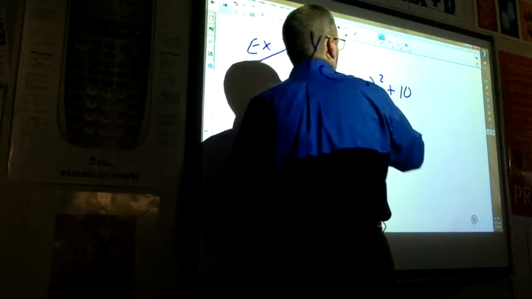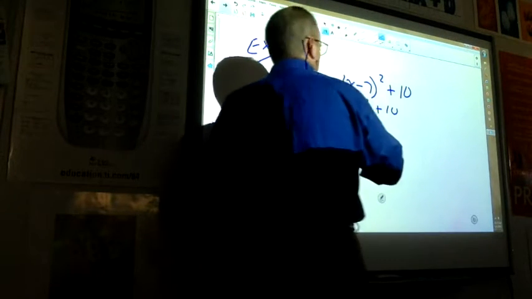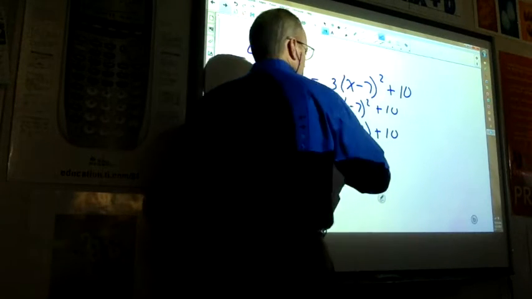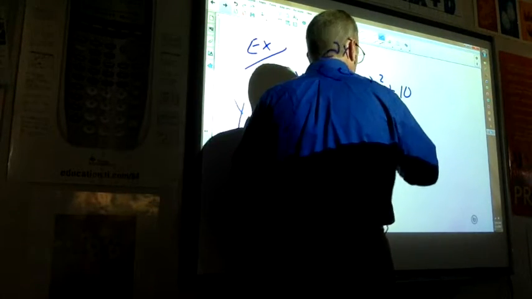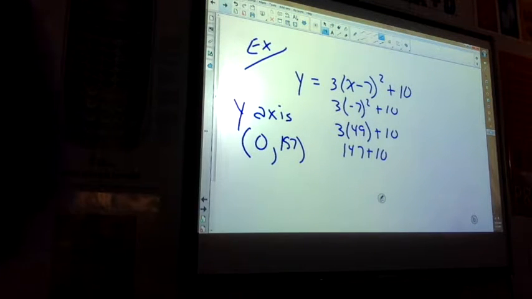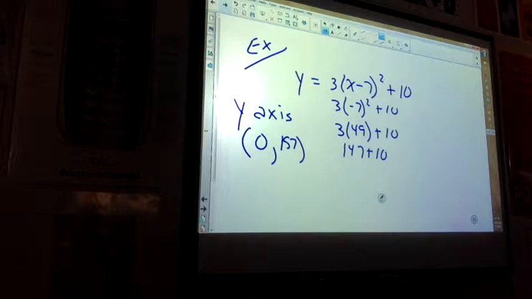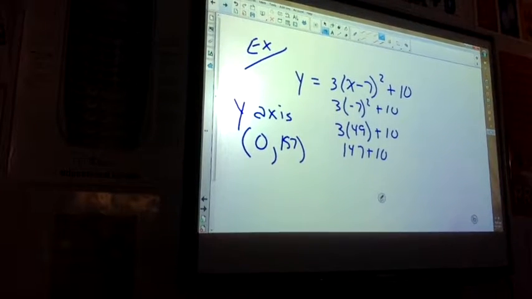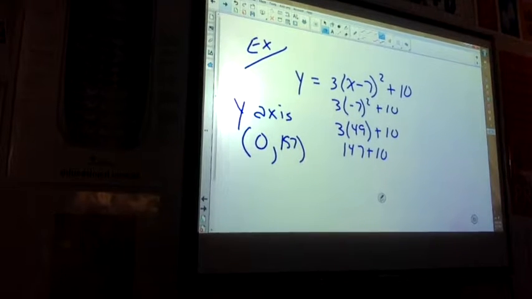So you plug 0 in, you're going to get 3 times negative 7 squared plus 10. That's 3 times 49 plus 10. That's 147 plus 10. So it's at 157. So that's way off the graph, right? So that's how you would find it. So make sure you got that down if it's on the y-axis.